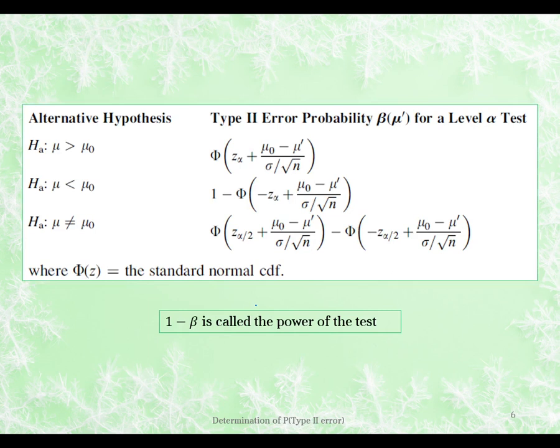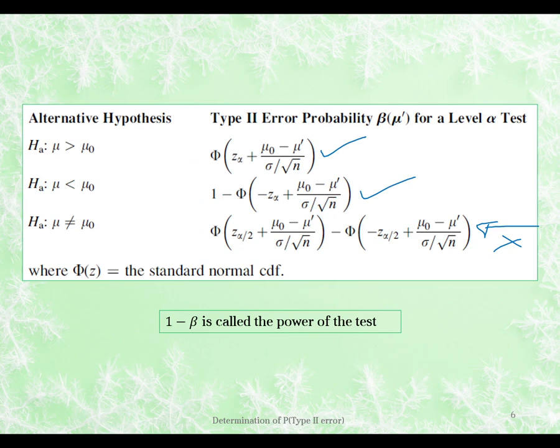Now, there are 3 alternative hypotheses cases that we considered, and you should be able to derive the one that I just showed you, and using the same logic, you should also be able to derive this formula here. This one I'm not going to expect you to derive, but you will be expected to use it. So all of these formulas, you need to be able to use them, but you don't necessarily need to derive all of them. Just make sure you can do the first 2.